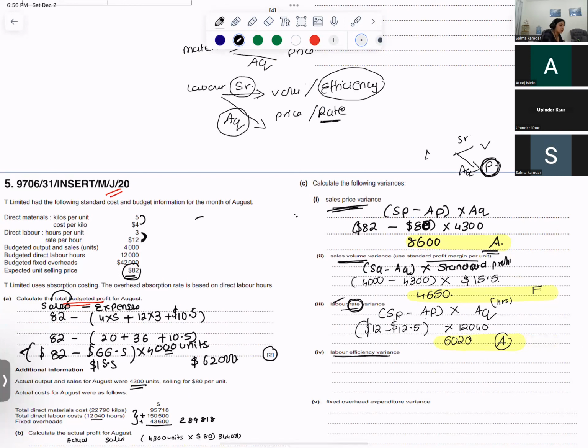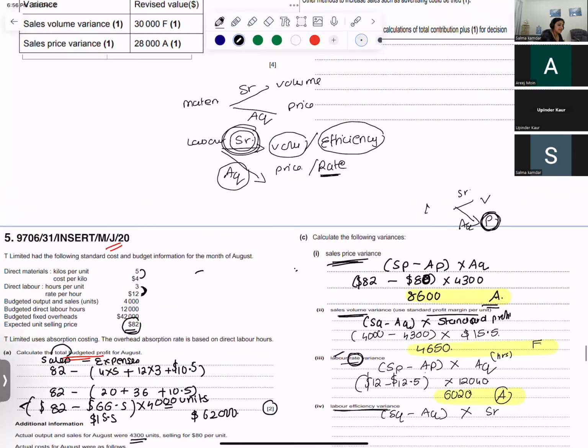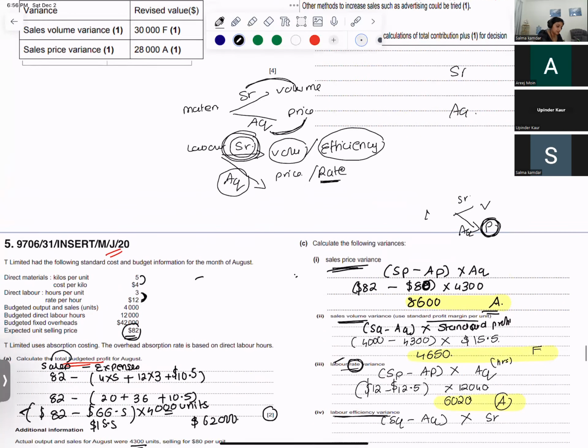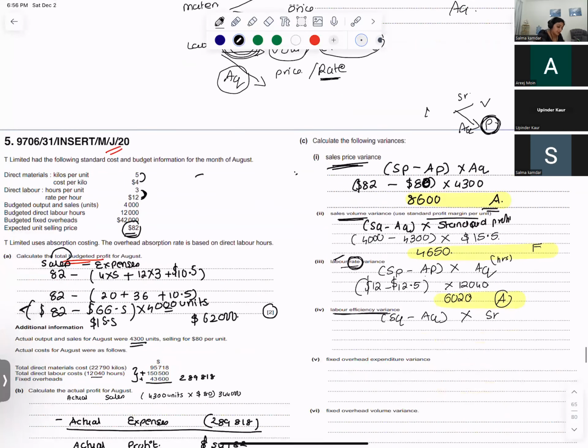Efficiency is also called volume, so standard quantity minus actual quantity into standard rate. Always remember this SRAQ: volume is with SR and price is with AQ. Multiply with standard rate.